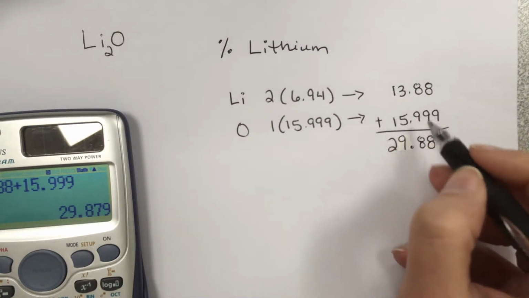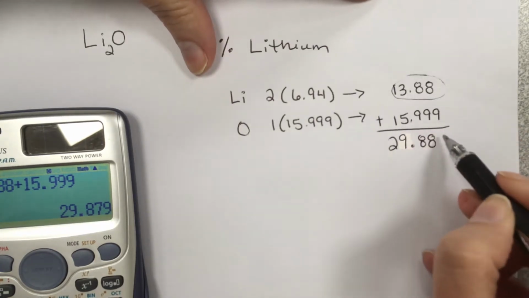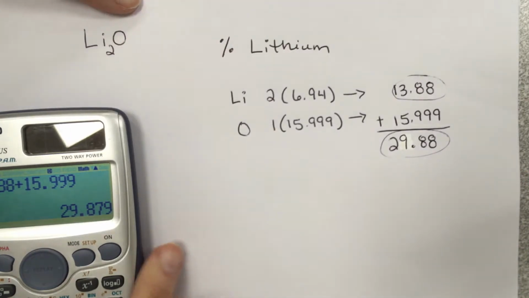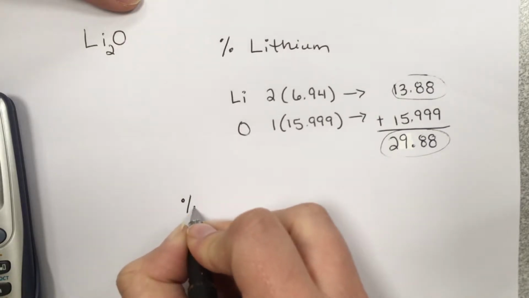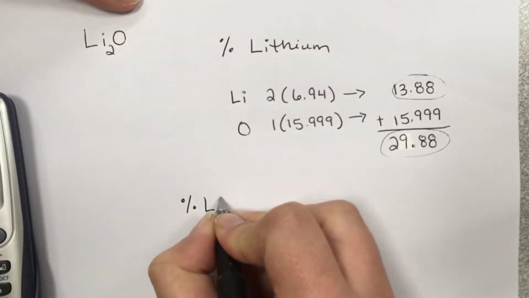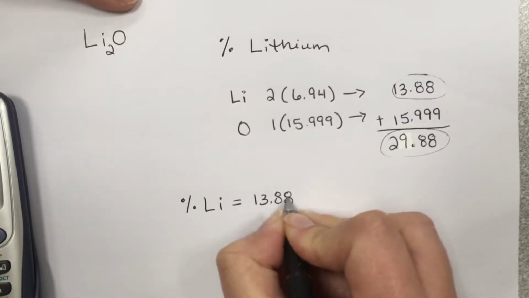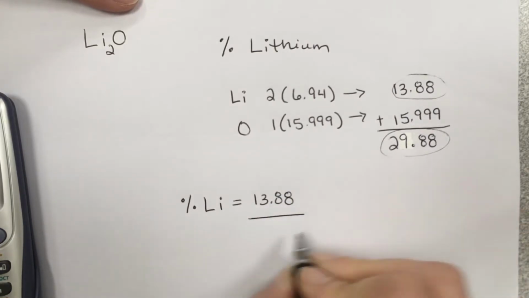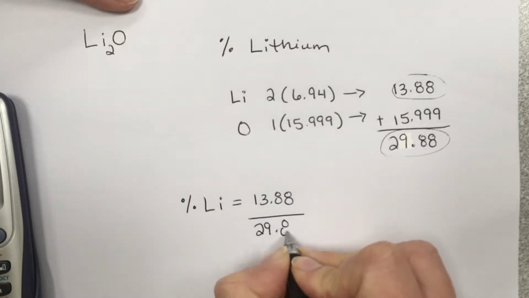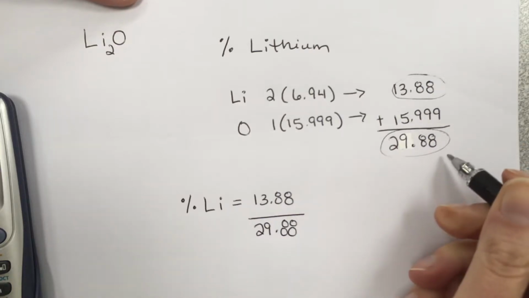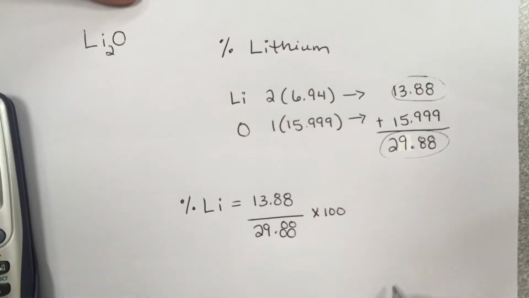Okay. So since lithium weighs this much, and the actual molecule weighs this much, all we're going to do is take lithium and divide it by the whole molecule's mass. So basically the percent of lithium will equal 13.88 divided by the mass of the molecule, which is 29.88. And then we're going to multiply it by 100.